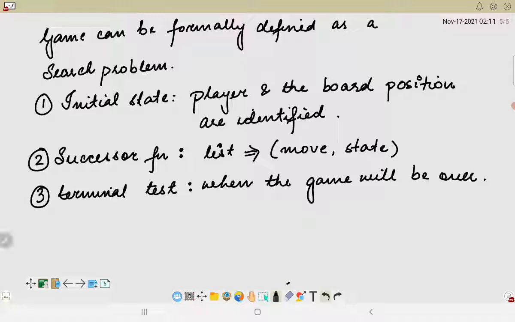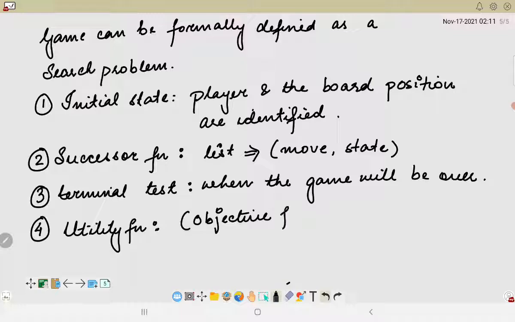The last point that we have to remember while representing a game as a search problem is the utility function. So what this utility function represents, we have already done as an objective function. So utility function is nothing but an objective function or a payoff function, and this is associated with the terminal states.